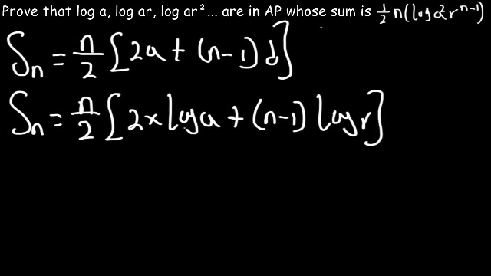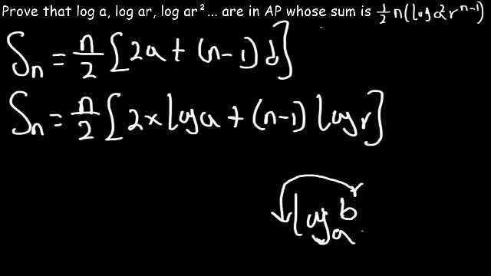Now, another identity of logarithms is that if we have a logarithm to a particular base, let's say a, of a particular value, let's say b, such that b has an index r, then the r is allowed to come to the front of the logarithm. And this can also be done vice versa.